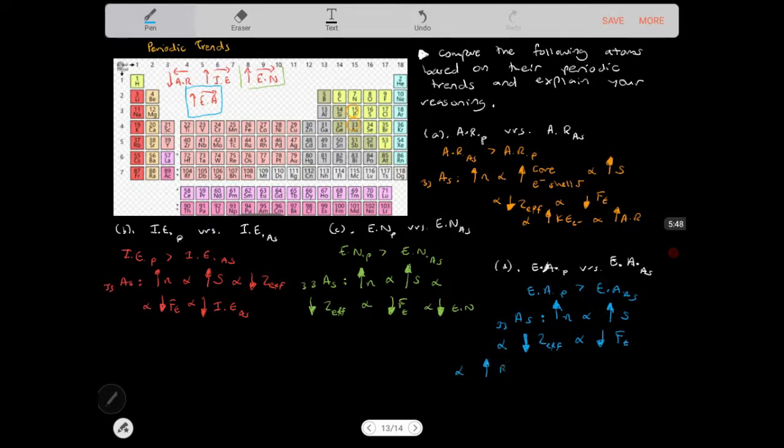So the barrier energy is actually higher, and we understand that the electron affinity is equal to the kinetic energy of an electron, which is constant, subtracted by the barrier energy. So if the barrier energy is higher, the electron affinity is lower because this term here is constant, it's fixed. So as a result, the electron affinity is lower.